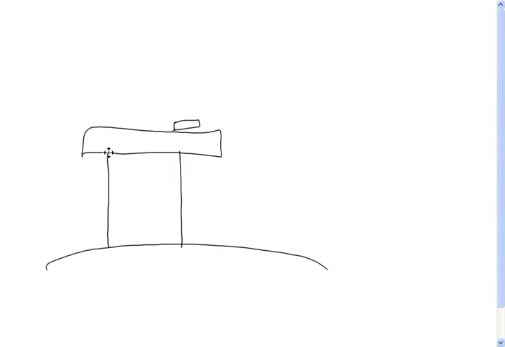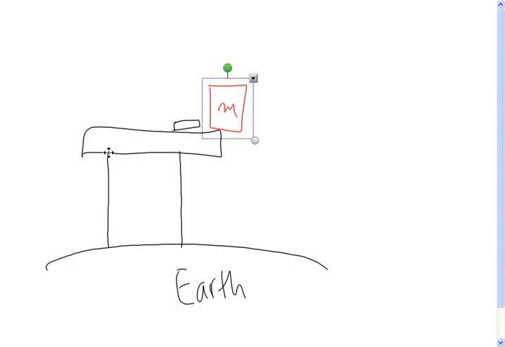If all this was happening on planet Earth, consider an object like this. If this is the object in question, right here, it doesn't have any ability to smash this piece of chalk. But if we chose a different point of reference, it certainly would have the ability to smash the chalk down here.